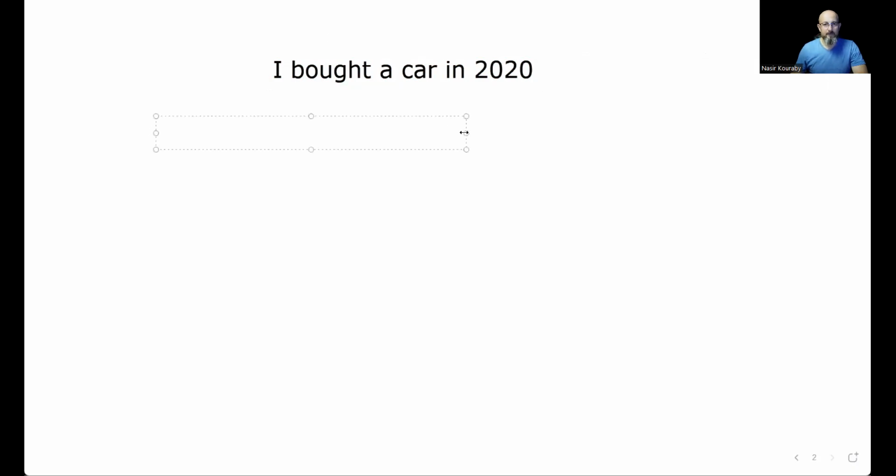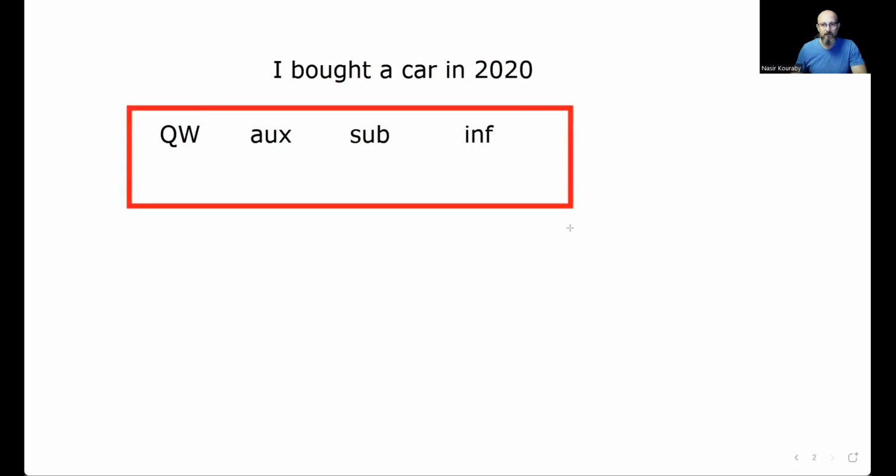I guess everyone remembers because you are good students. Question word, auxiliary, subject, infinitive. That's it. This is the table.